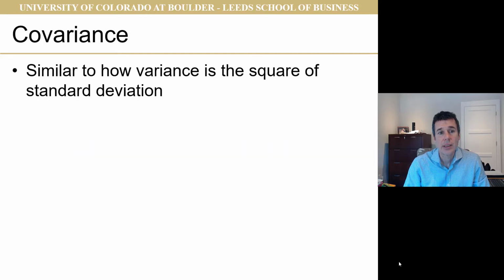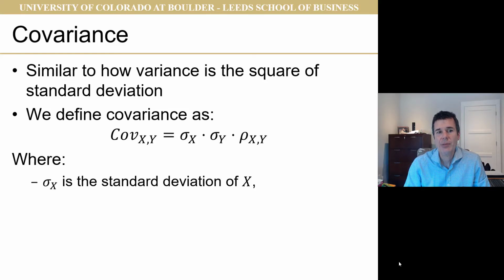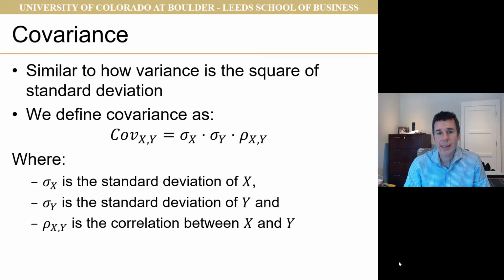Now, we also have covariance, and we define the covariance as the standard deviation of x times the standard deviation of y times the correlation between x and y. Now, within Excel, there's also a function covariance, and there's a .s version and a .p version, just like there was for variance.